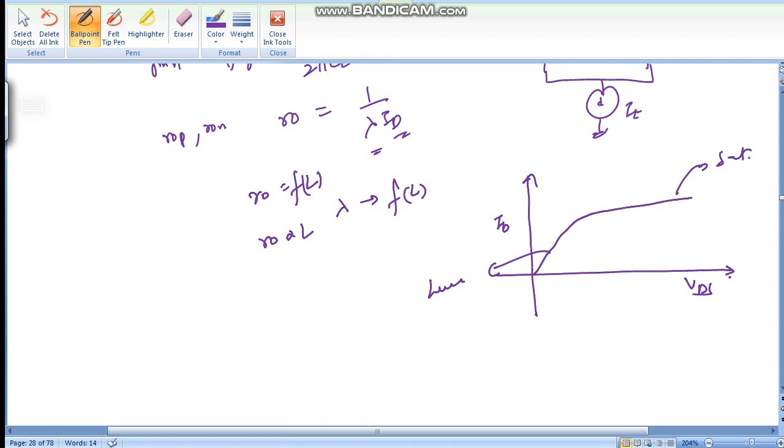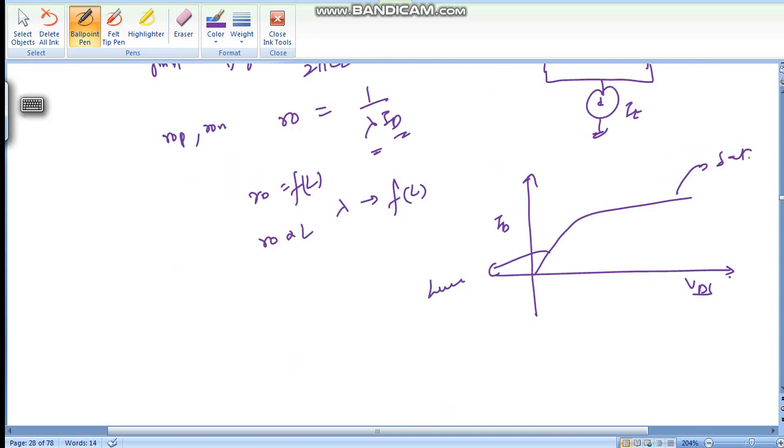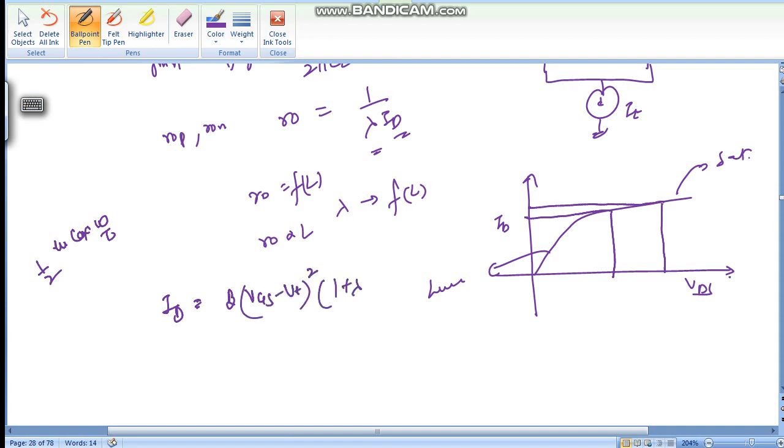Because we are biasing these devices in the saturation region, we will take 2 points here. Before that, ID is given by beta factor, can be N or P. So this is mu n COX W by L times 1 by 2, VGS minus VT squared, where VT is the threshold voltage, times 1 plus lambda VDS.